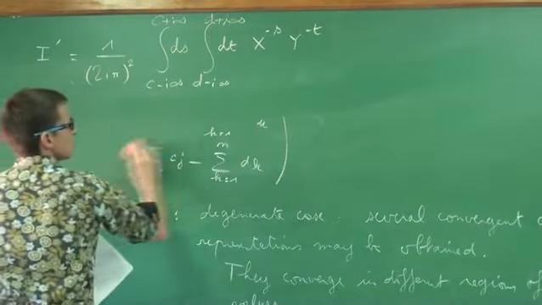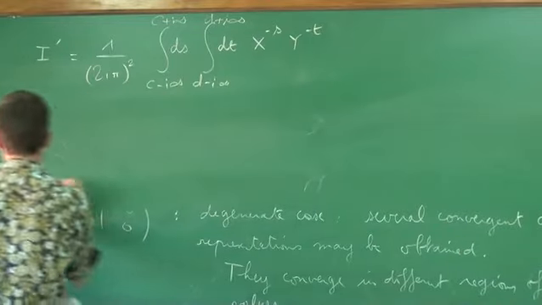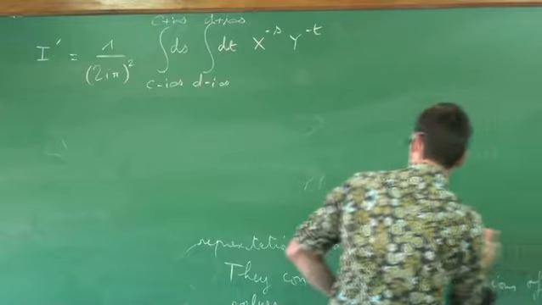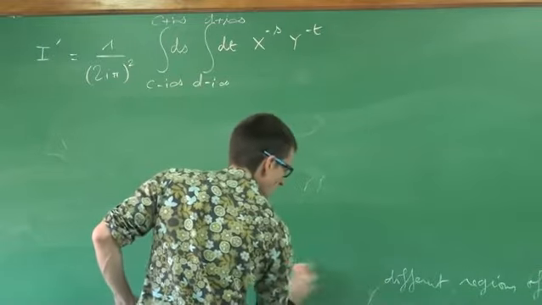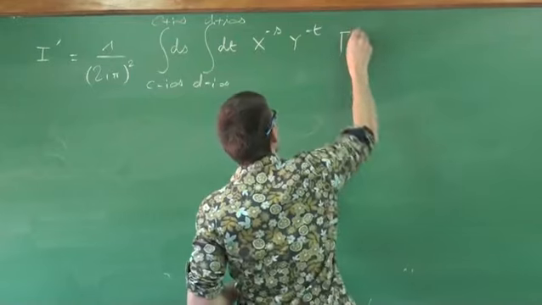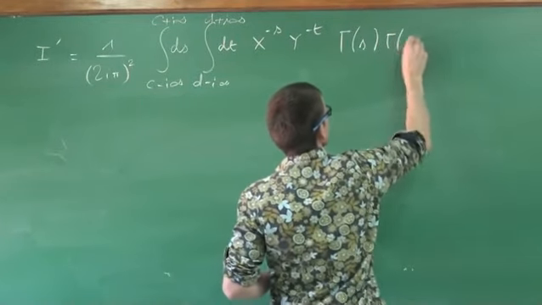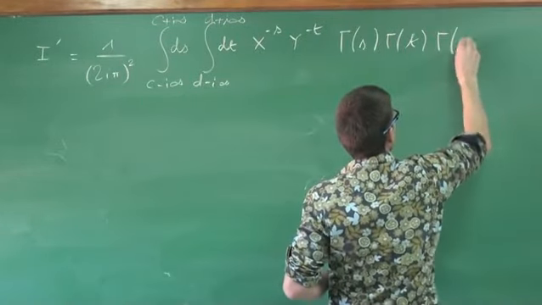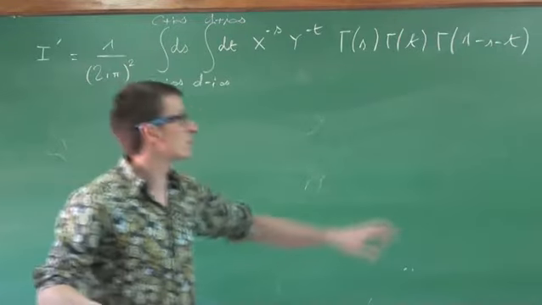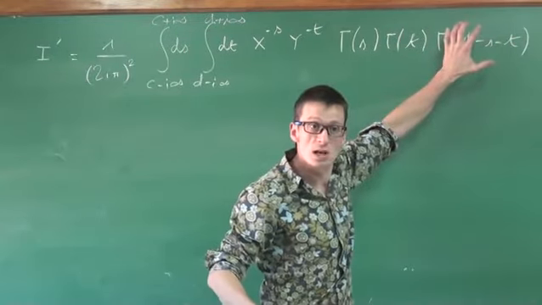We are going to consider the following simple integral: Gamma of s, gamma of t, gamma of 1 minus s minus t. So there is a mixing of the variables in this gamma function.